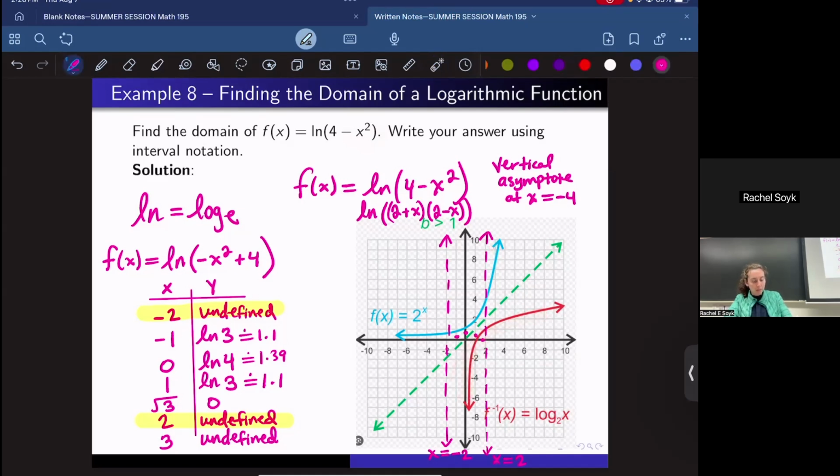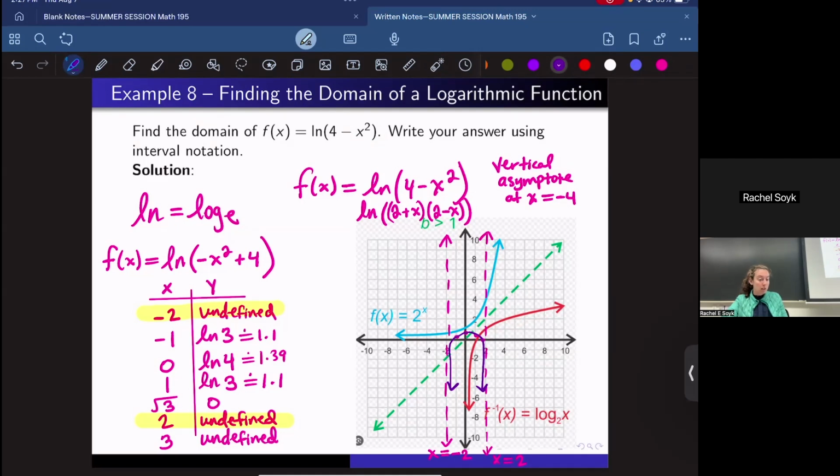Notice how we had a little dip going on? It ends up being like this: our max point is at our y-intercept, and then we have these vertical asymptotes taking place. So what we have in purple represents our sketch of the graph.